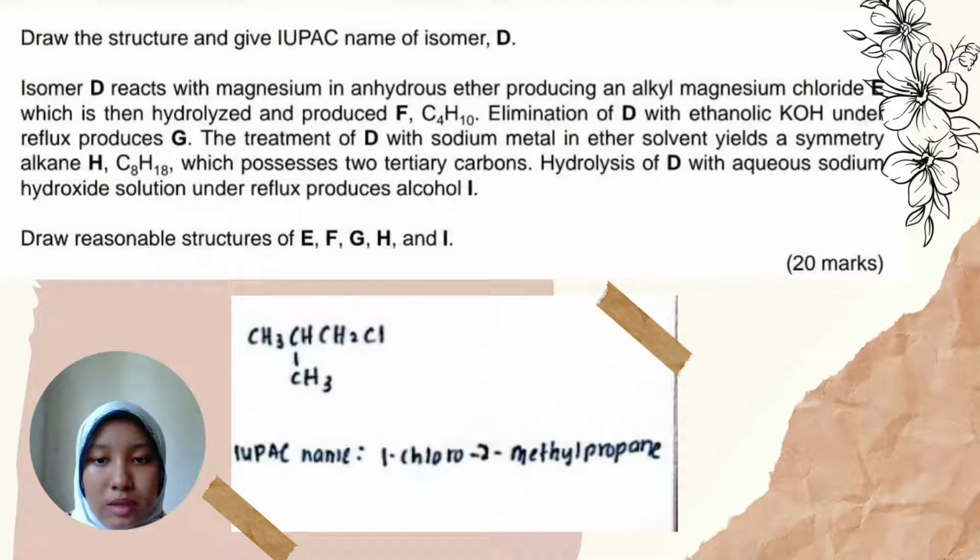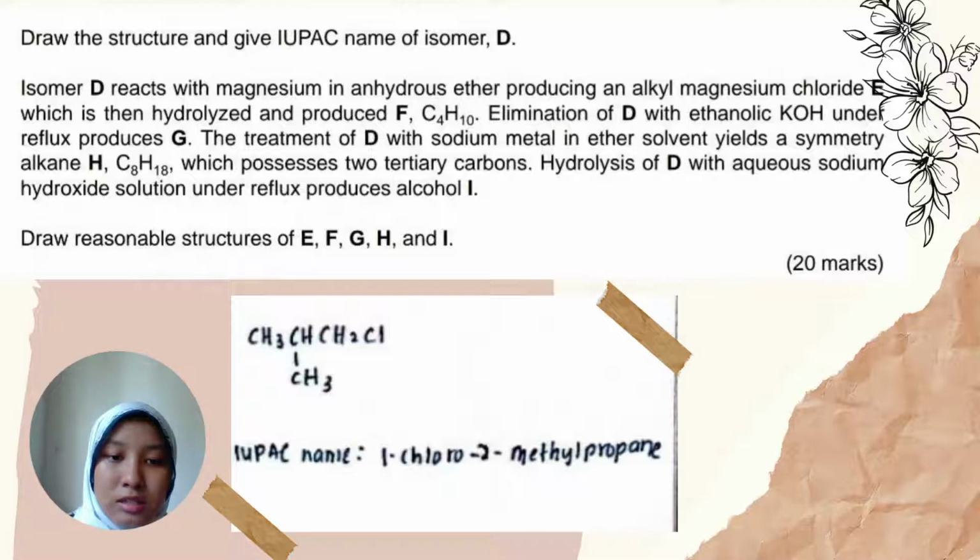Elimination of D with ethanolic potassium hydroxide under reflux produces G. The treatment of D with sodium metal in ether solvent yields a symmetric alkane H, C8H18, which possesses two tertiary carbons. Hydrolysis of D with aqueous sodium hydroxide solution under reflux produces alcohol I. Draw reasonable structure of E, F, G, H, and I.